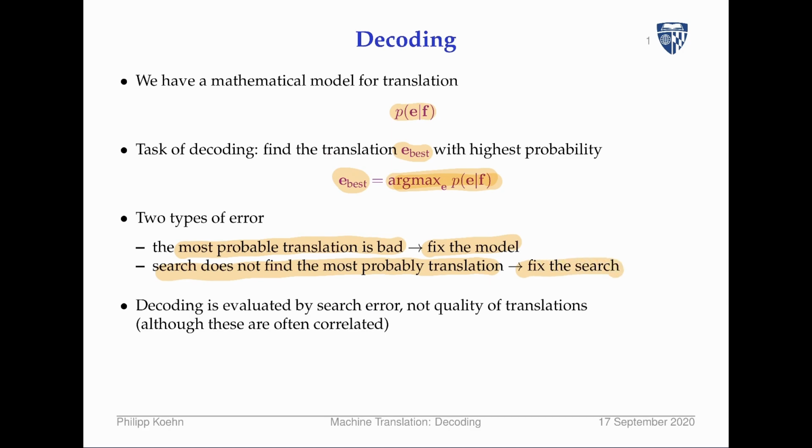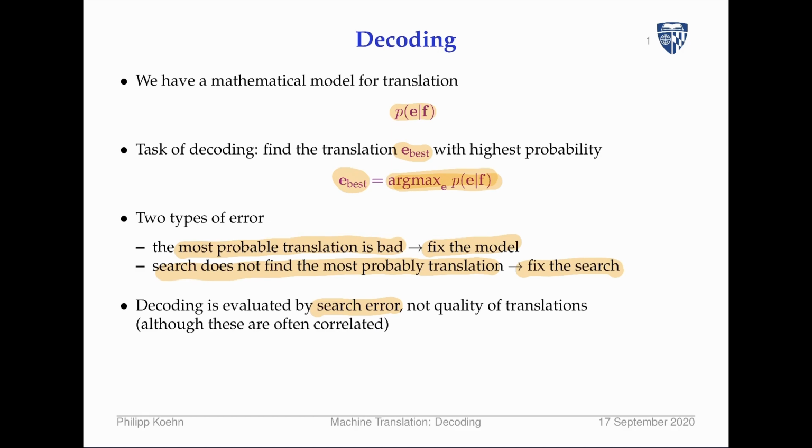So the best way to actually evaluate decoding is by looking at search error, not at the quality of translations. Although these are often correlated, a decoding algorithm that just doesn't find the best translations according to the model often is then also not producing very good output. But if you compare different decoding algorithms, really the metric should be the probability of the best translation that it found.